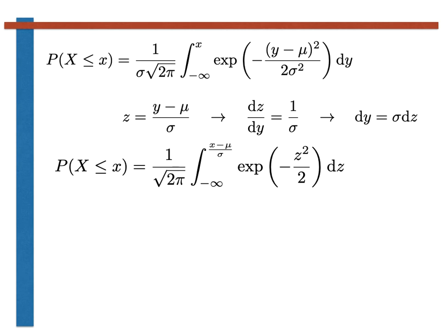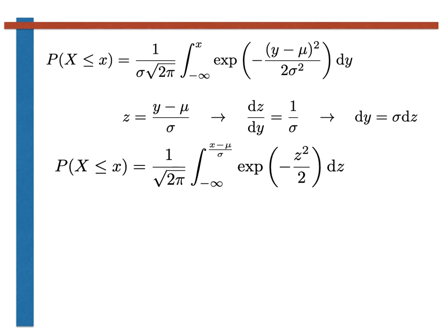Notice that the factors of sigma in the numerator and denominator have cancelled here. Furthermore, the integrand that appears in this expression is the same as the integrand for the error function. So, what we are doing here is evaluating the cumulative probability distribution function for a standard normal random variable.